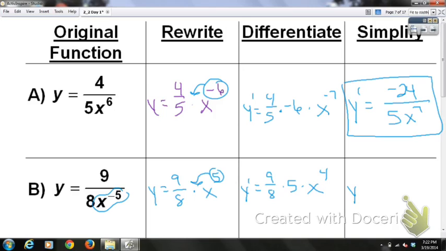So y prime is equal to 45x to the 4th over 8. If you'd like, you could also write it as 45 over 8 x to the 4th, with the x to the 4th off to the side.